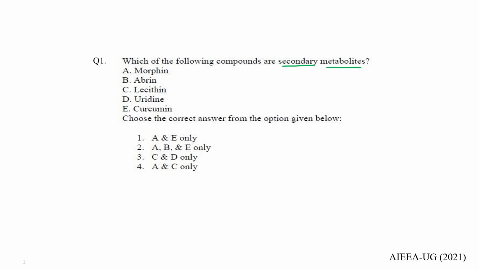Take your 5 to 10 seconds, and then after that we will discuss the right answer. Which of the following compounds are secondary metabolites? Is it morphine, heparin, lecithin, uridine or curcumin?